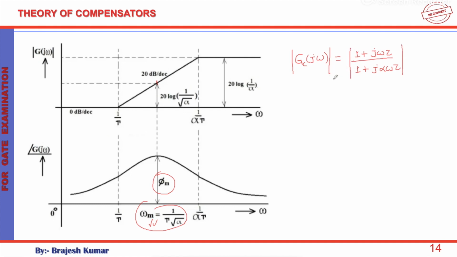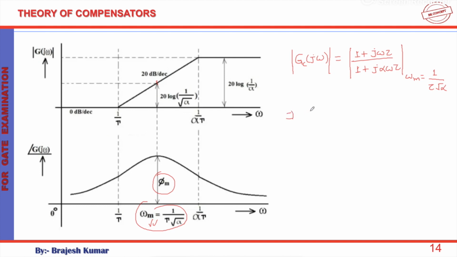And at which frequency are you interested in finding the magnitude? At the frequency at which the angle phi is maximum, and that frequency was omega m, which was equal to 1 divided by tau root alpha. So replace every value of omega by 1 divided by tau root alpha. So what you will get?